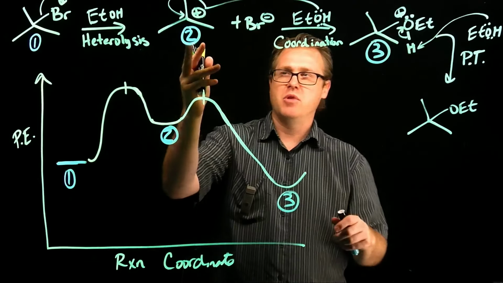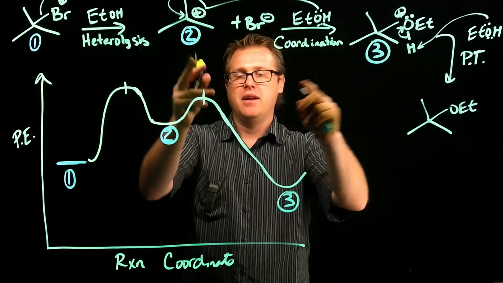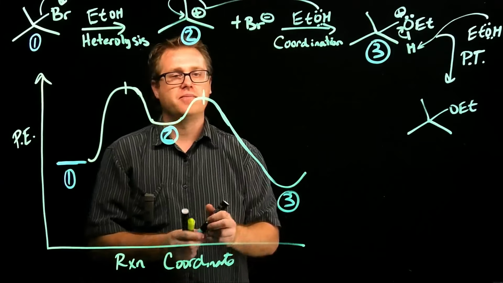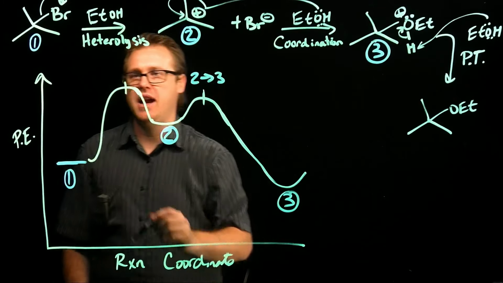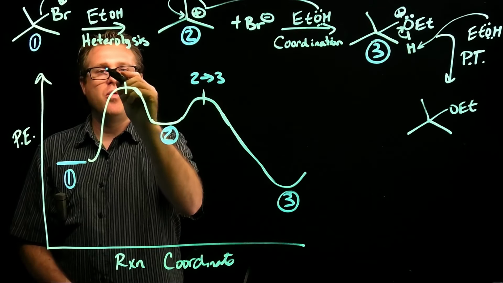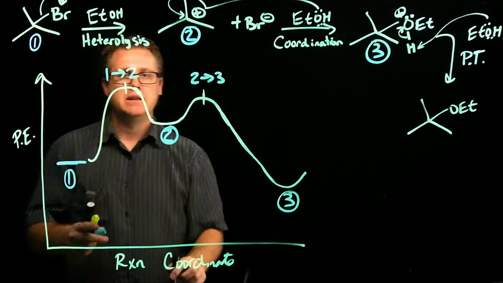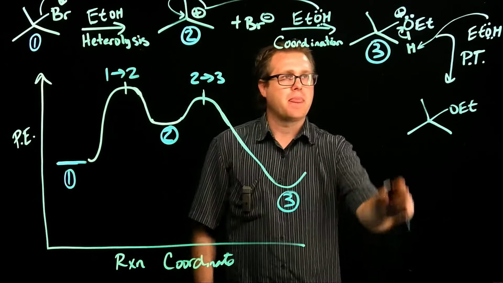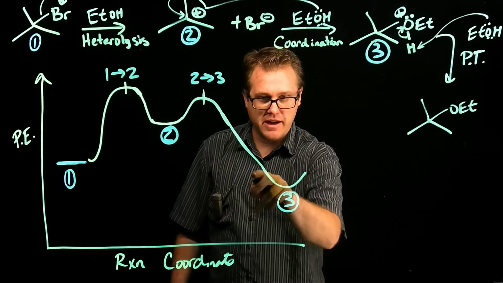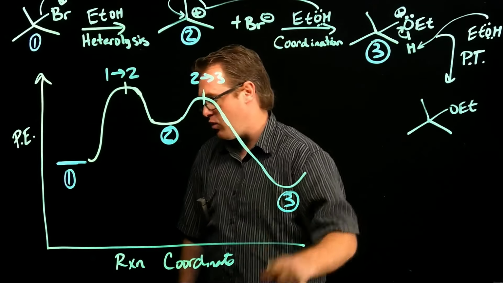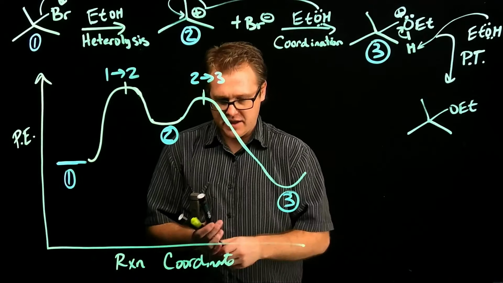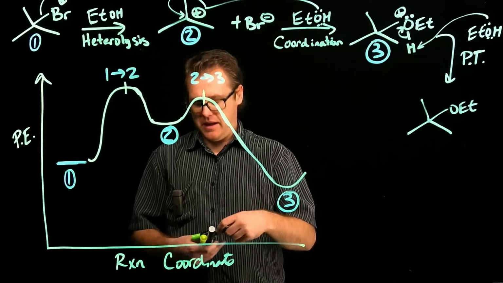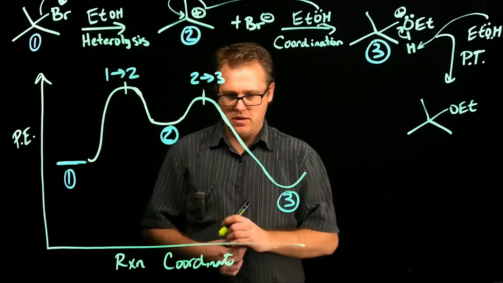So from 2 to 3, that's the transition state. And then from 1 to 2 is another transition state. Number 3 here is another intermediate. You see how we have another well right there? And this reaction coordinate's not big enough, so we need to keep going.